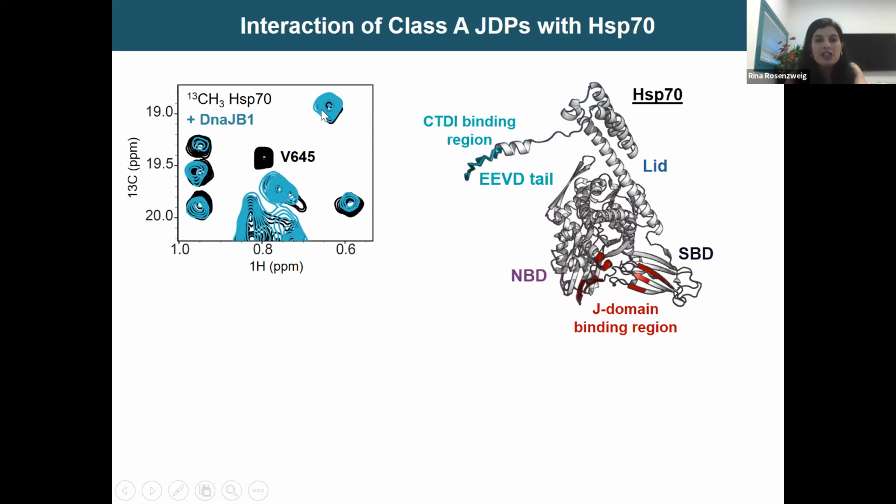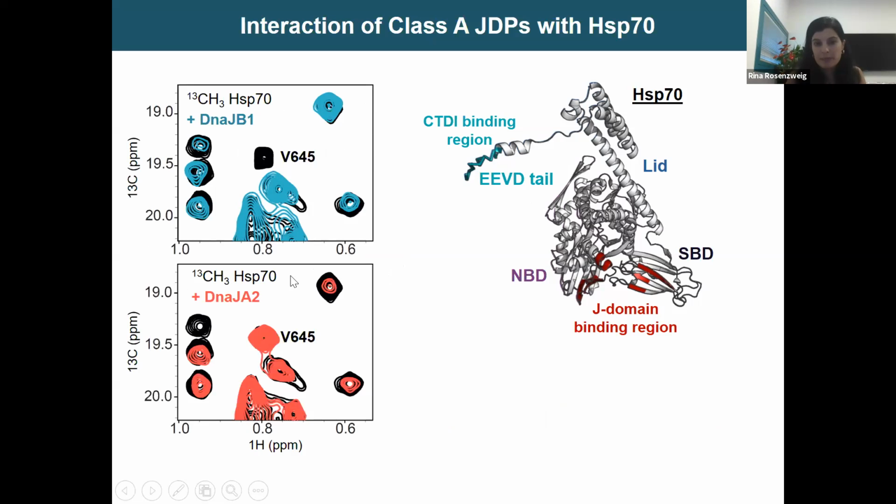And if we add DNAJB1, you can see that this peak is completely gone because it's interacting with DNAJB1. But now if we do the same experiment and look at labeled HSP70 in complex with DNAJA2, we can see that the J domain region interacts, but the tail no longer binds.